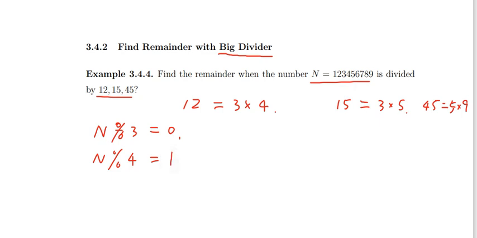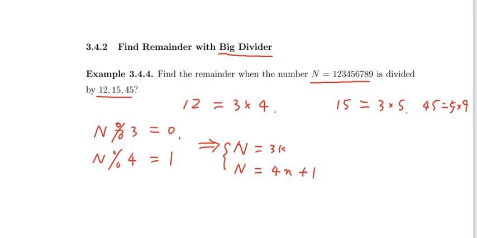So from here we can say n equals 3k, 3 multiplied by some number. Also, n equals 4 times some number plus 1. So this n should satisfy those two conditions: n equals 3k and n equals 4k plus 1.